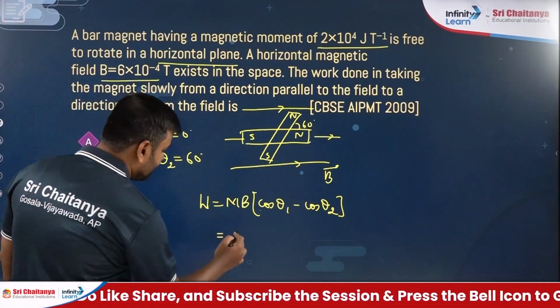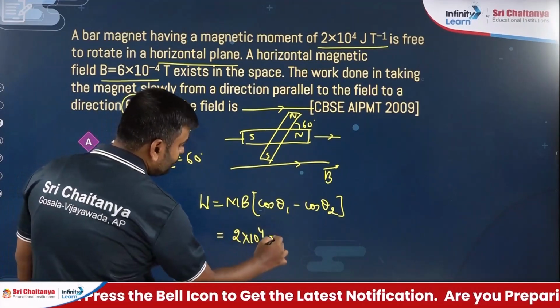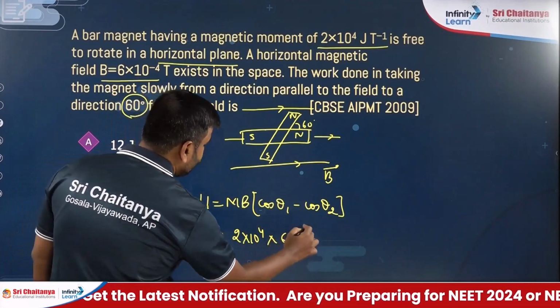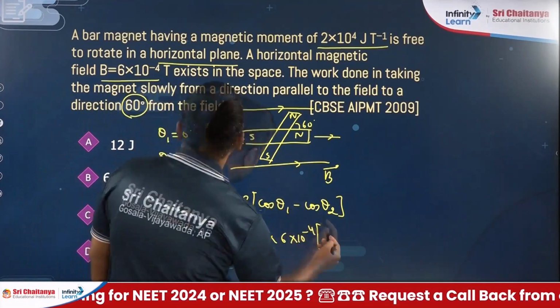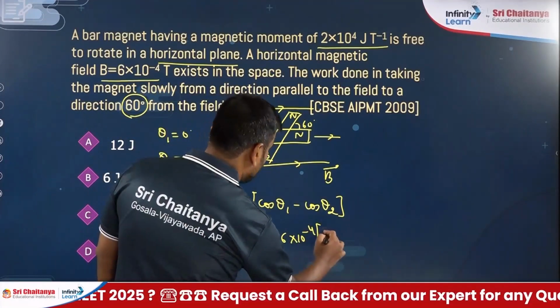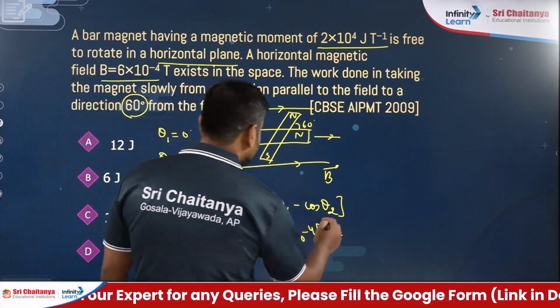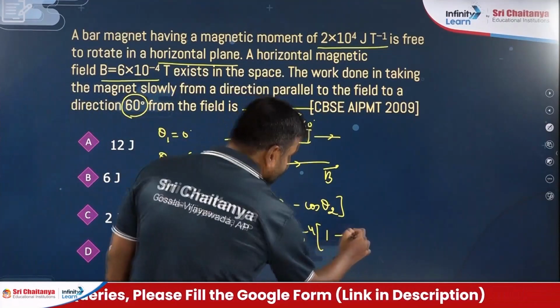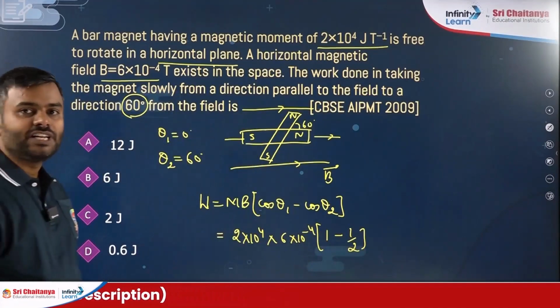So let's substitute those values: 2 into 10 to the power 4 into 6 into 10 to the power minus 4, and cos theta 1, which is 1 because theta 1 is 0, minus cos theta 2, which is cos 60 degrees, that is 1 by 2. So 1 minus 1 by 2 will give you 1 by 2.